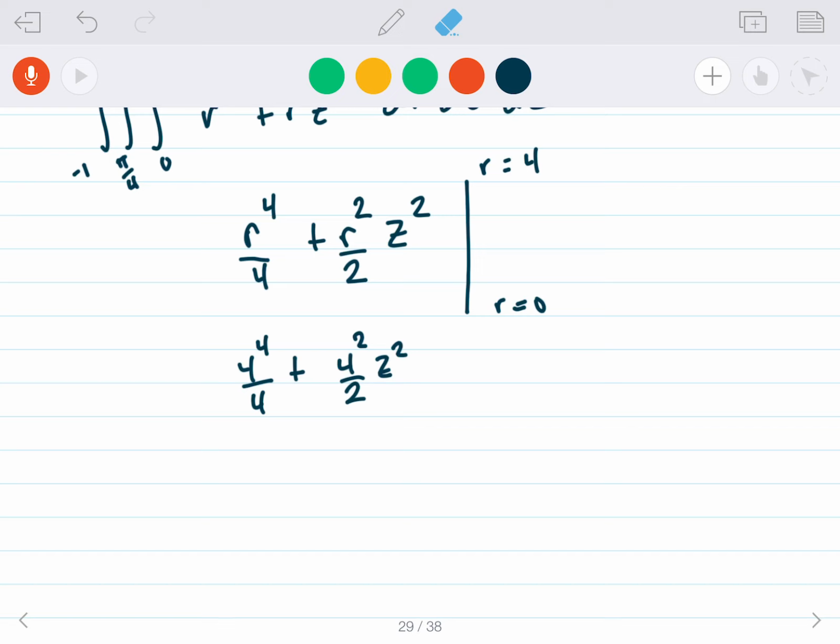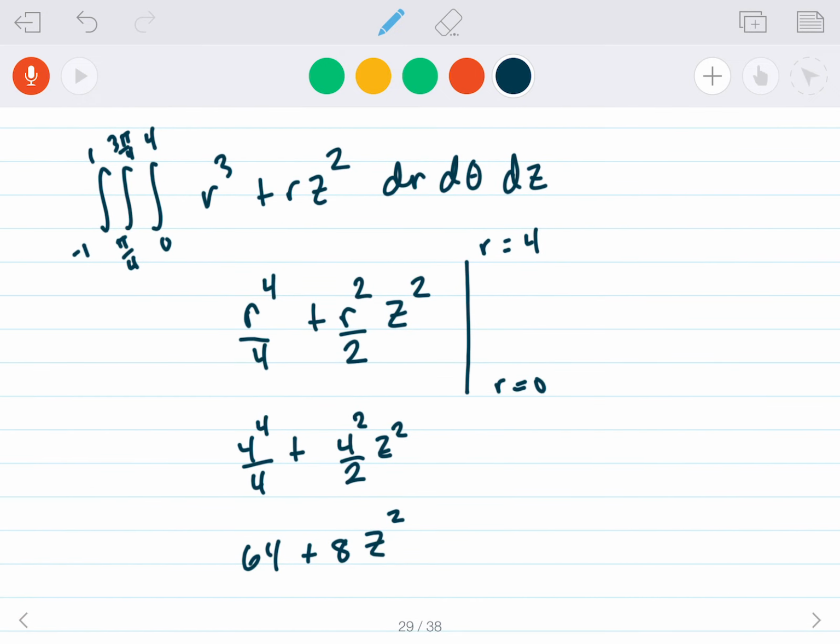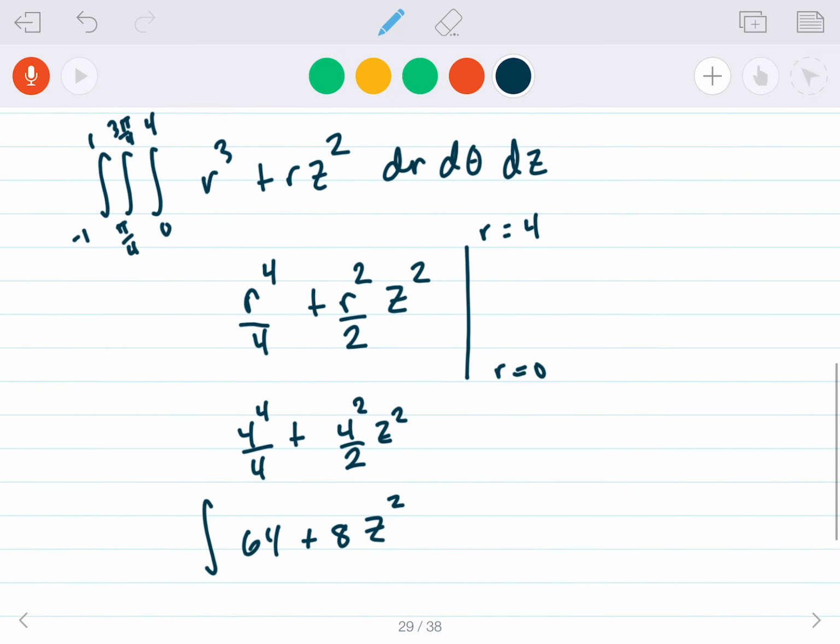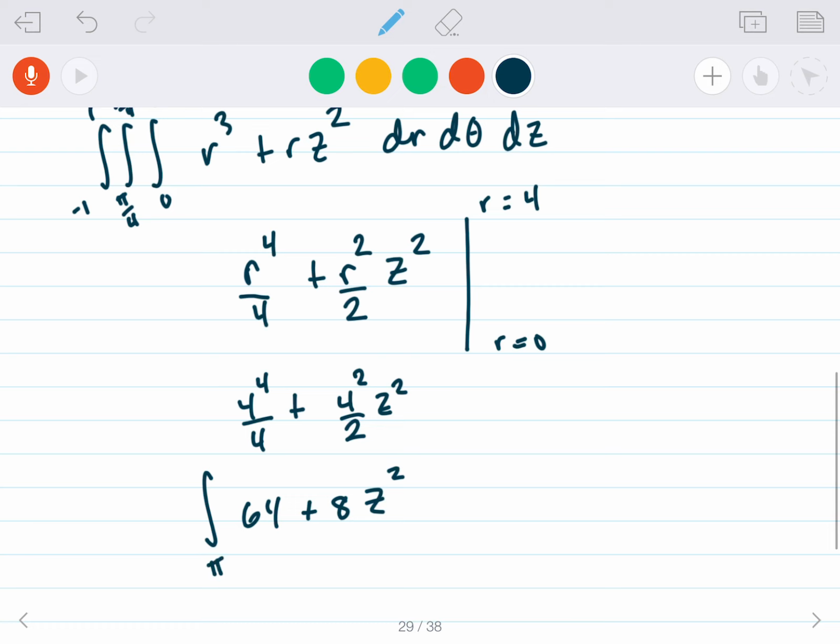Okay, let's just clean it up a little bit. This is going to be 64 plus 8z squared. And so I integrate with respect to r, so let's go to theta next. We're going from pi over 4 to 3 pi over 4. And then we're going from -1 to 1 for z.